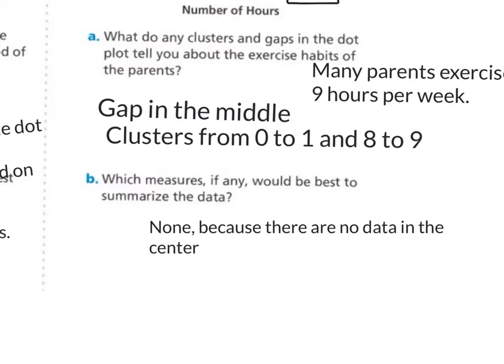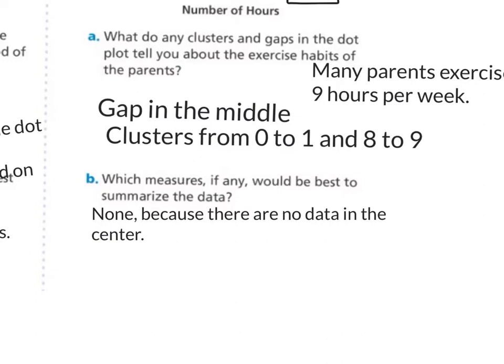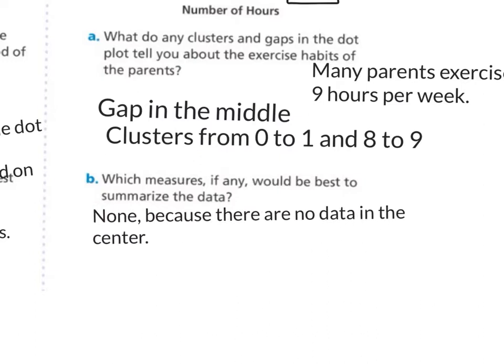If you go back though and look in your book on page 496, it talks about if something is not symmetric, and we could argue that case. We could say the median and interquartile range, IQR, since it isn't symmetric.